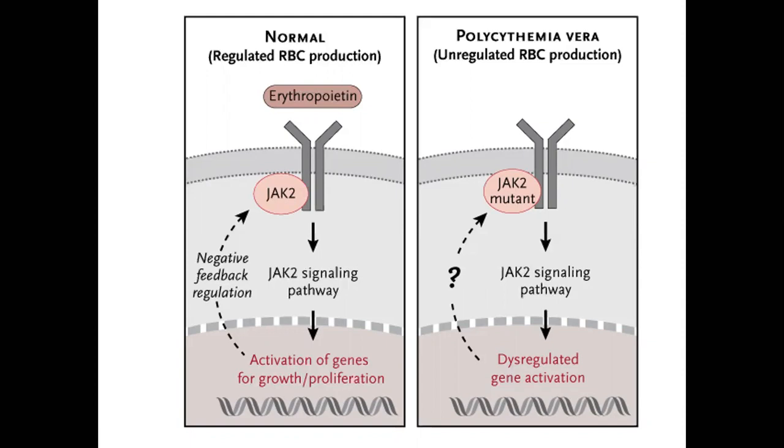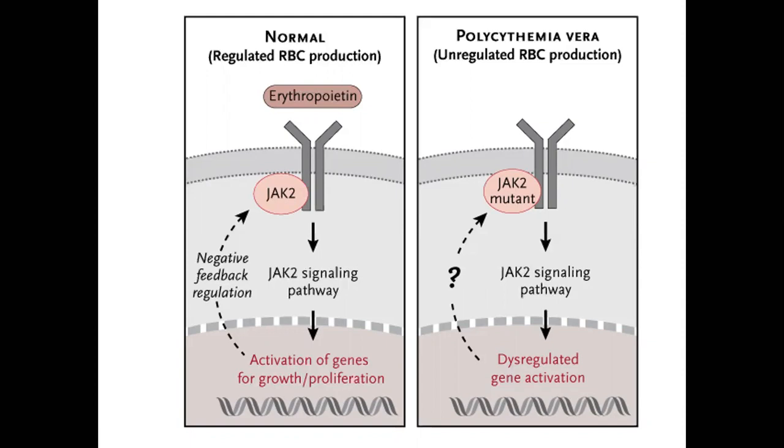The receptor activation by erythropoietin will lead to activation of the JAK2 signaling pathway, and this will lead to activation of genes of growth and proliferation. There is a negative feedback that will shut down this activity depending on the need of the body.